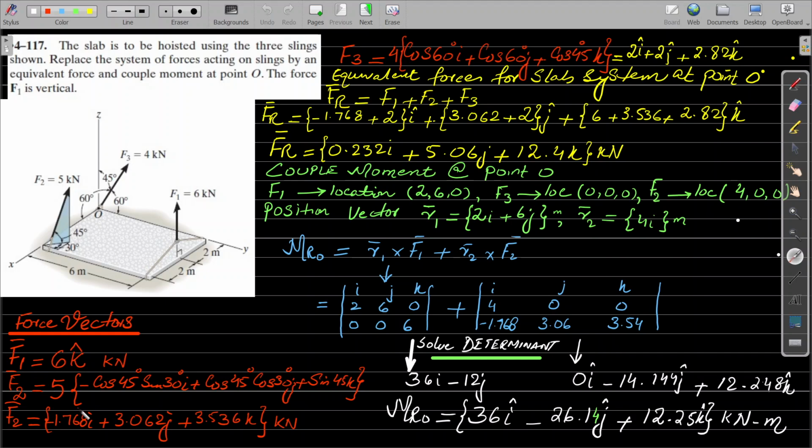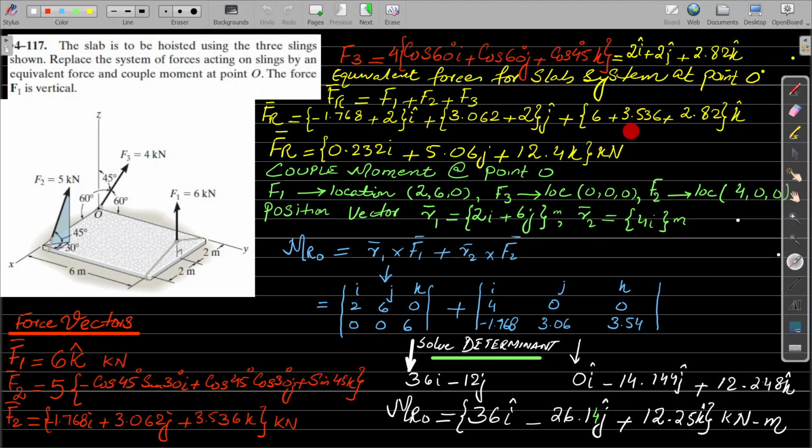When they are being added, the resultant force comes out to be: we are adding up all the i, j, and k's, minus 1.768i plus 2i, 3.062 plus 2j, and 6 plus 3.536 plus 2.82k. So this is our resultant force of this couple and force moment system.